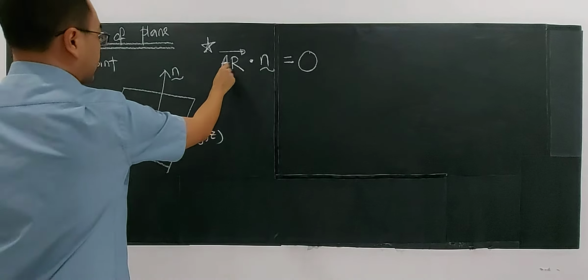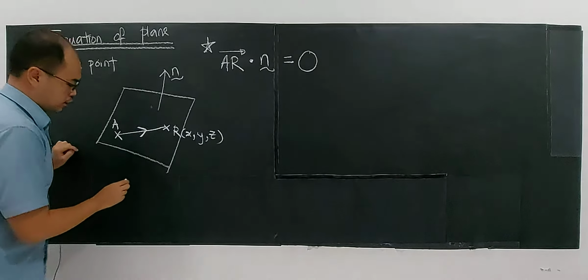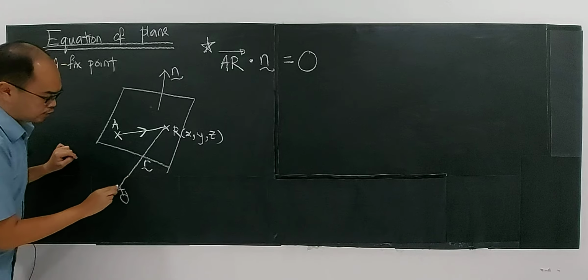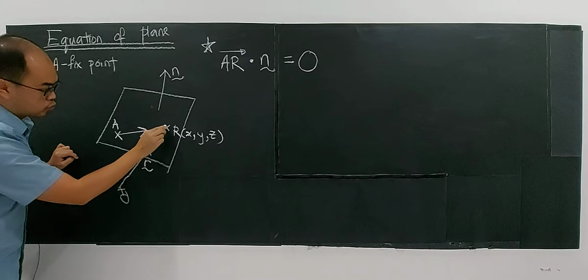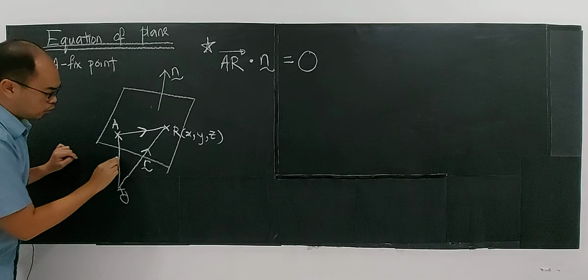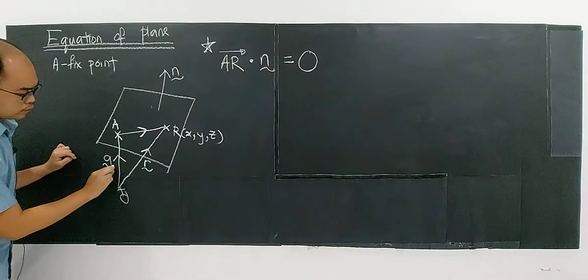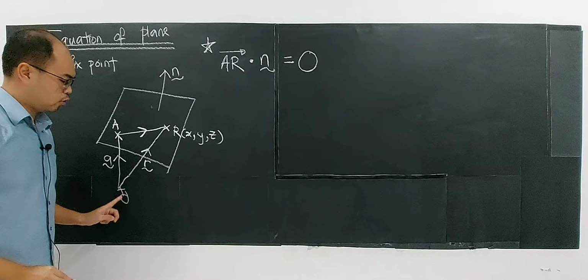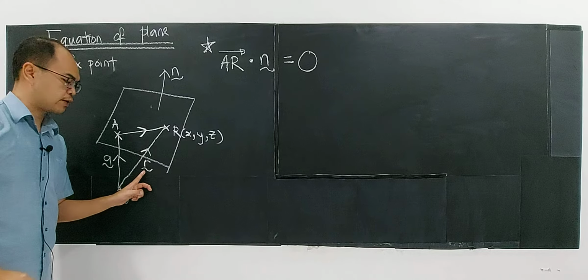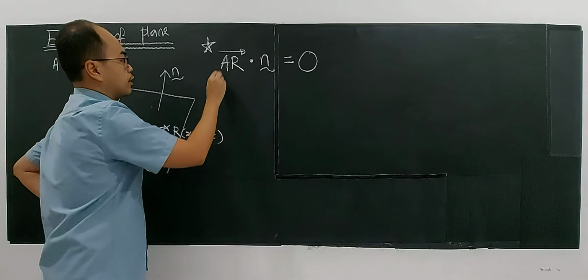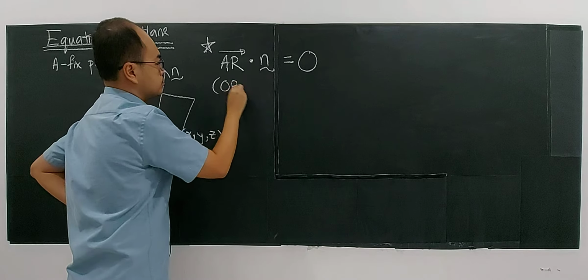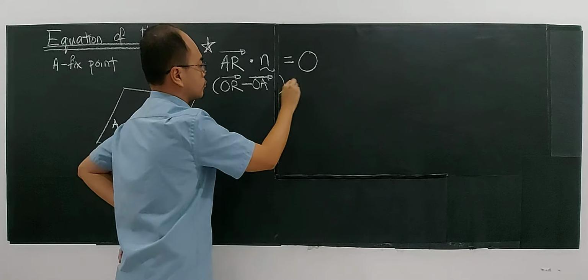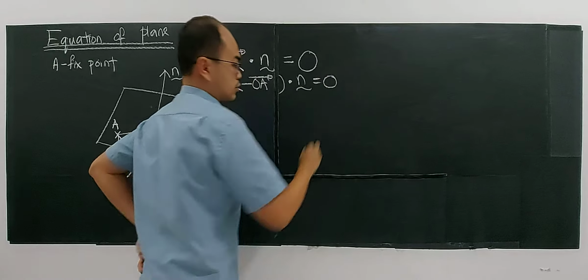So I can rewrite AR. There is a position vector R, from O to R, and O to A is the position vector A. I can rewrite it as R, and AR is actually OR minus OA, dot with N equals 0.